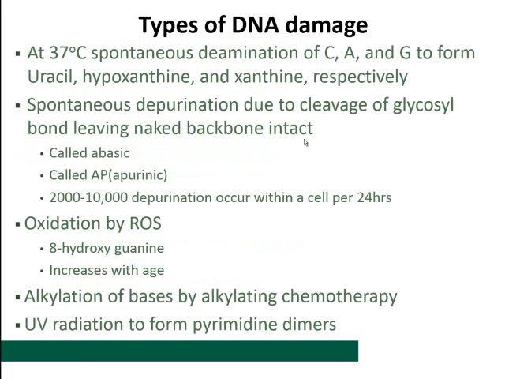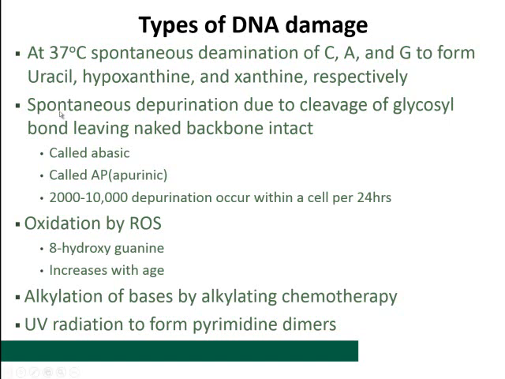What are the types of DNA damages? Well, we're going to outline four of them. It turns out that if you were to incubate DNA at 37 degrees, it will undergo spontaneous alteration.